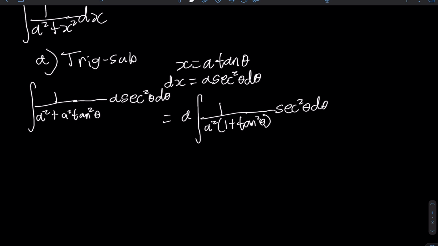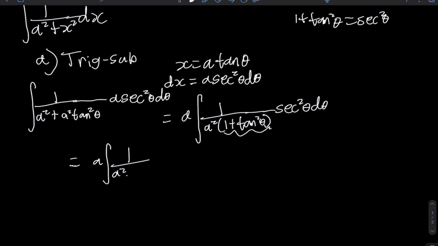Using the identity that 1 plus tangent squared theta is equal to secant squared theta, we can use that exactly right here. So we now have a times the integral of 1 over a squared times secant squared theta, and then secant squared theta d theta.